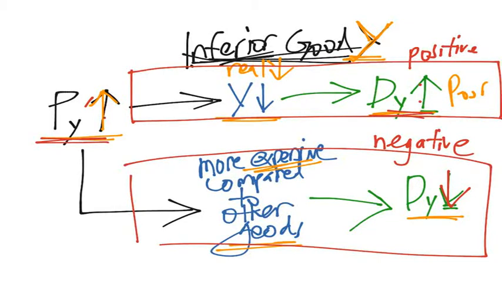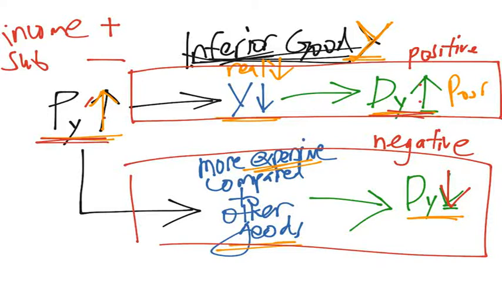So this is different to the case previously, because in the scenario of the normal good, both the income and the substitution effect are negative. But for this case, the income effect is positive and the substitution effect is negative.